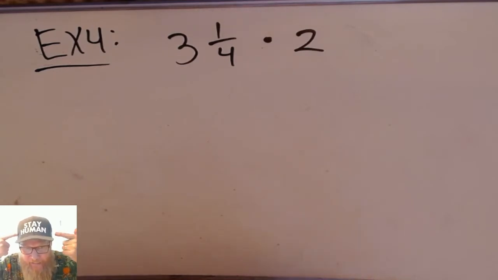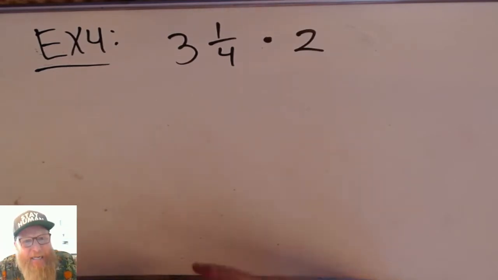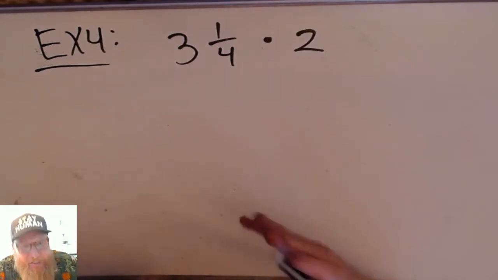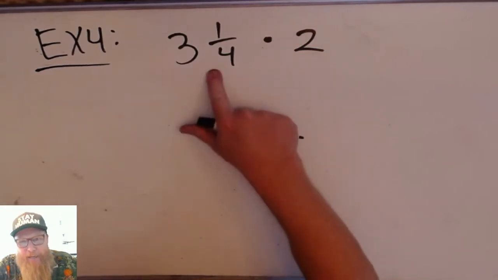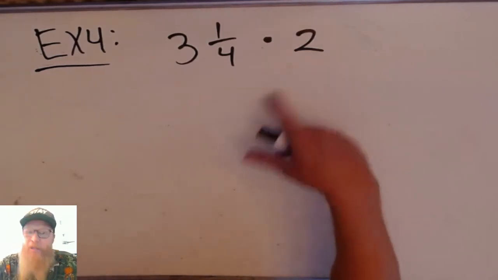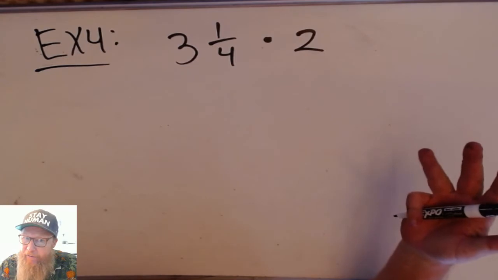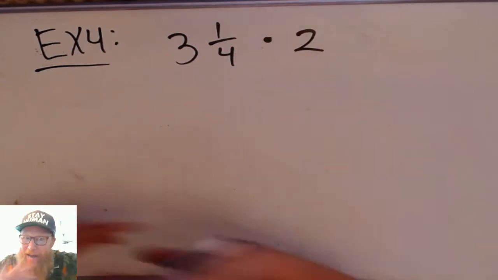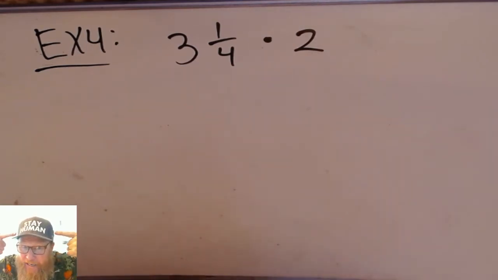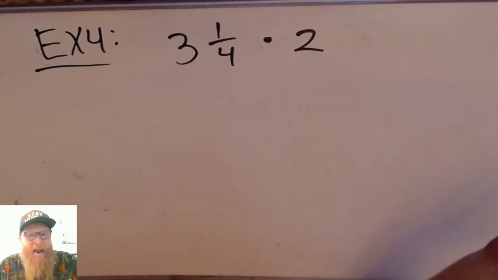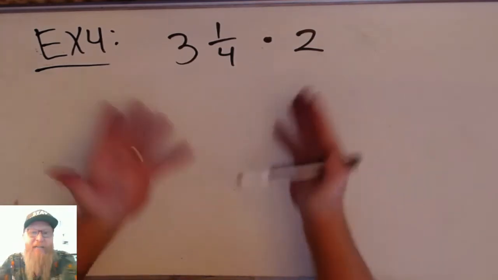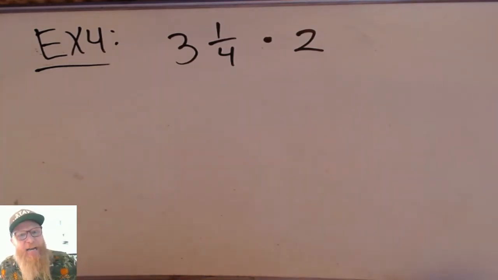But remember, stay human. You make a guess as to what you think is going on. 3 1/4 times 2 should be 6 1/2. So I haven't done anything except think like a human being. I think I'm going to get 6 1/2. Let's do the math and see if we get 6 1/2.